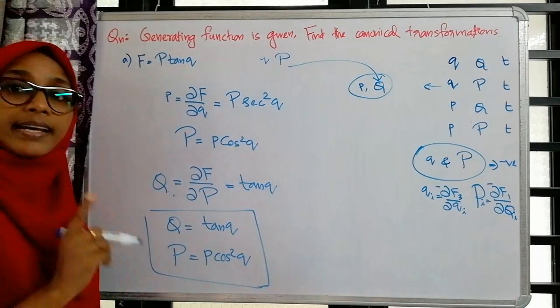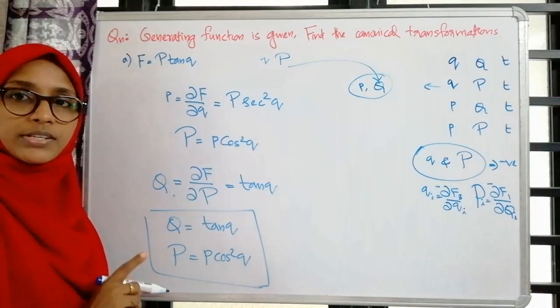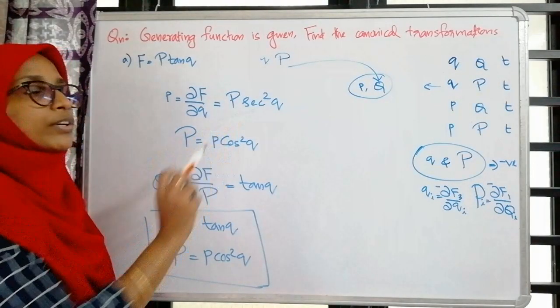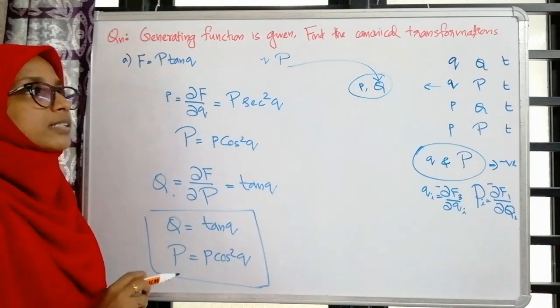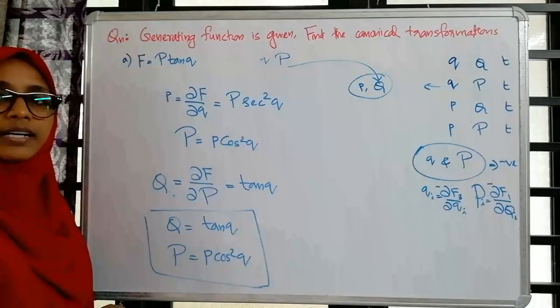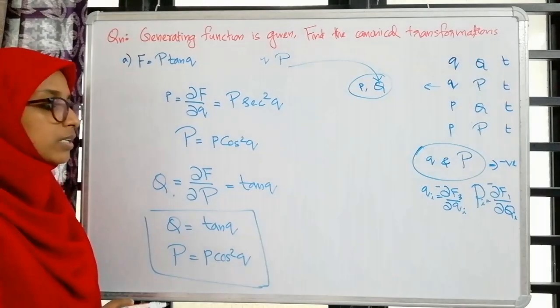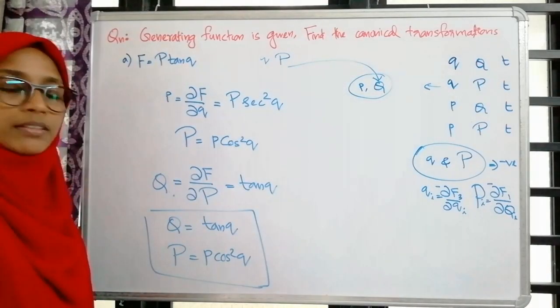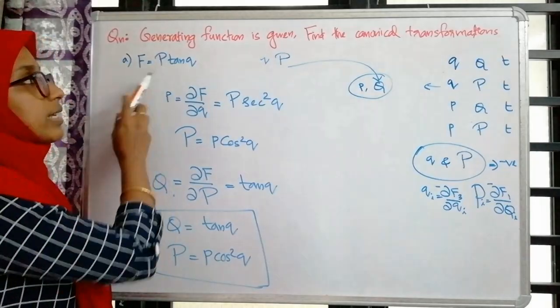Remember that the second generating function is a positive generating function and is also known as identity transformation, since the Q transformation regards capital Q and P transformation regards the capital P. So these are the generating transformation equations for this equation.